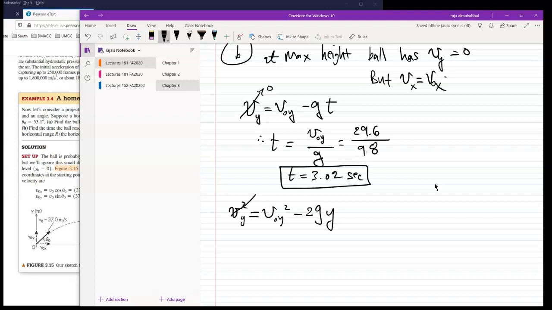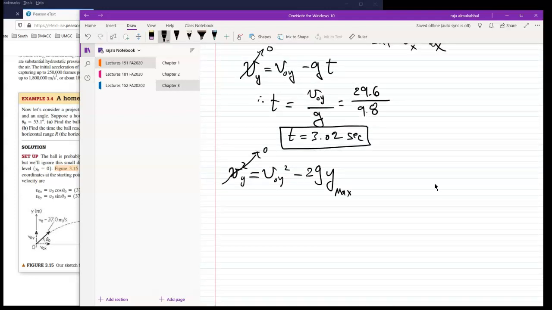Vy is 0. Once I make this 0, this immediately becomes y max, because it's only 0 at y max. And there we go. I can just solve for y max. So y max is equal to v naught y squared over 2g. You see how I manipulated the minus signs. And then we'll plug it in.